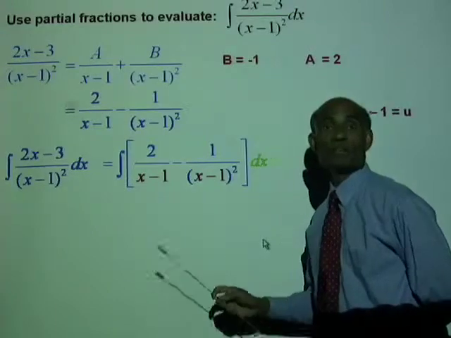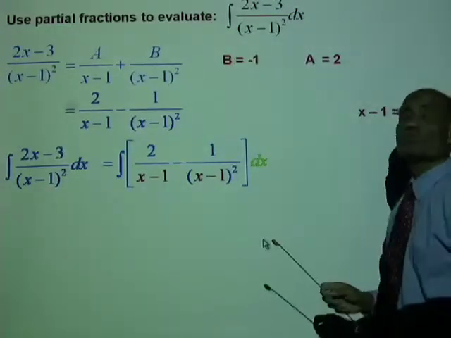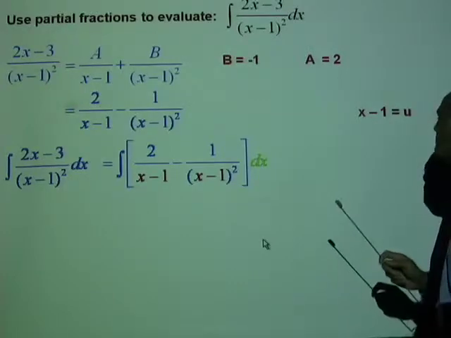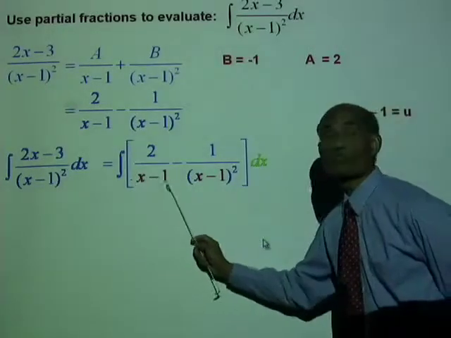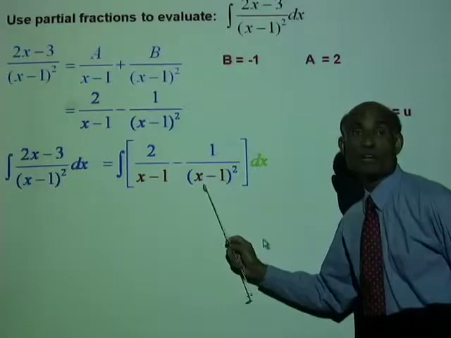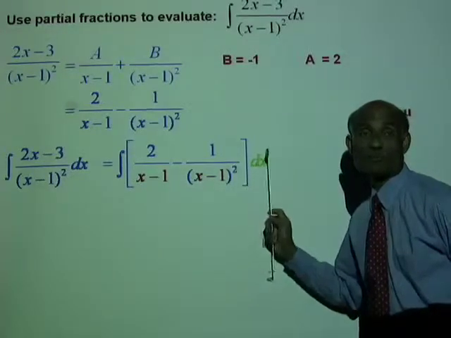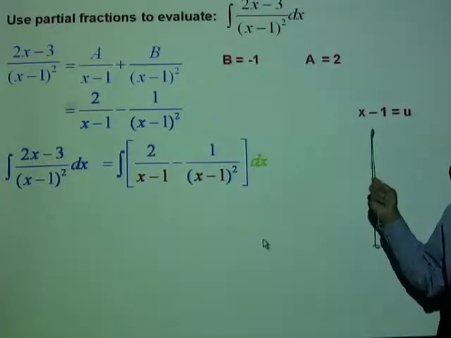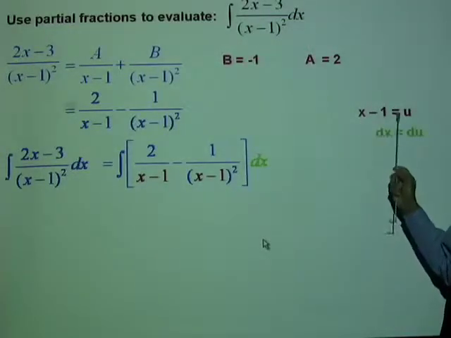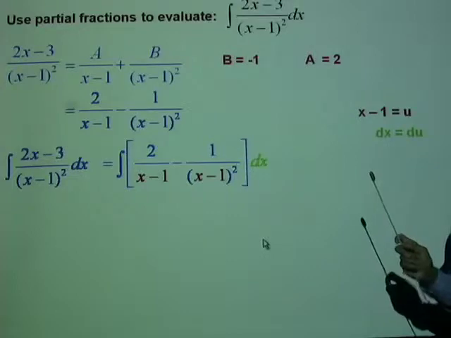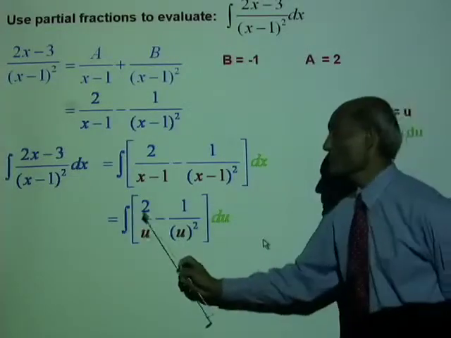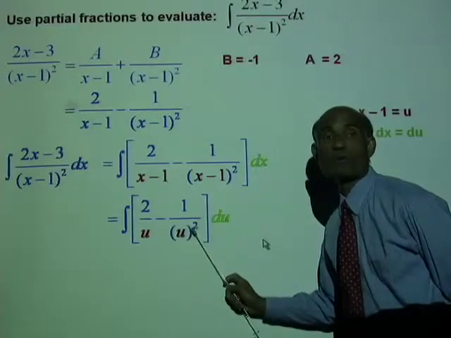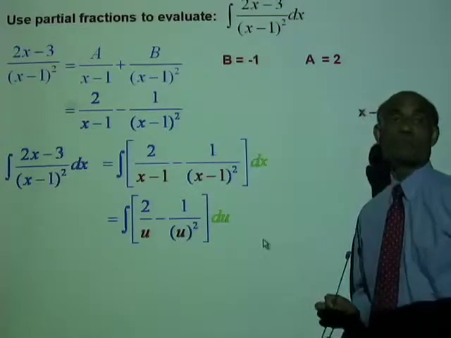And let's do that. Let's replace x minus 1 by u. When x minus 1 becomes u, (x minus 1) to the power of 2 becomes u squared, and dx becomes du. So x minus 1 equal to u, dx equal to du. That becomes the integral of 2 over u minus 1 over u squared du.